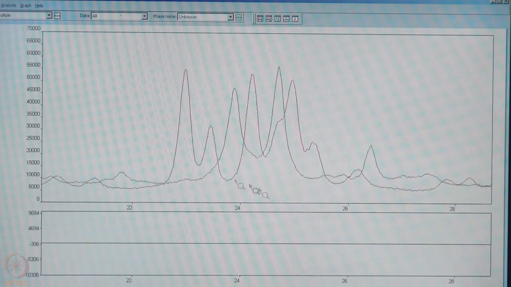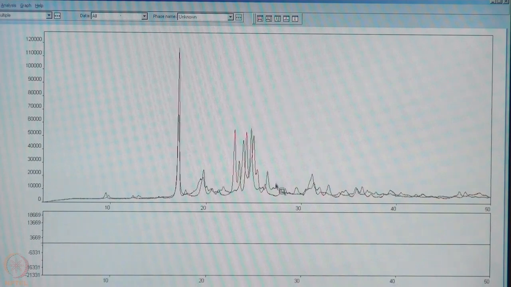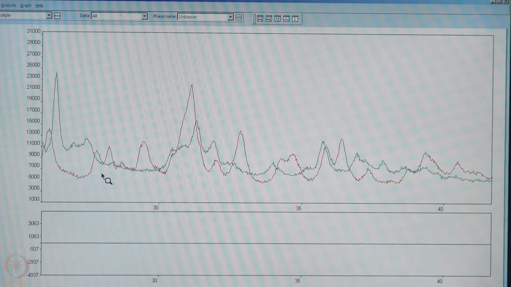At this region, the peaks are totally different because you had 1, 2, 3, 4 and 5 peaks, while you have only 1 and 2 green colored peaks. So, this type of difference in powder X-ray diffraction pattern clearly indicates the polymorphism present in this particular sample.